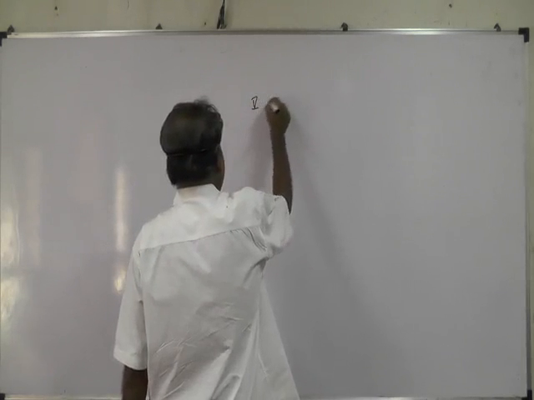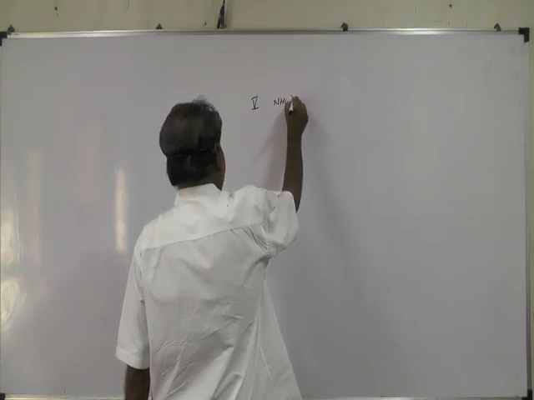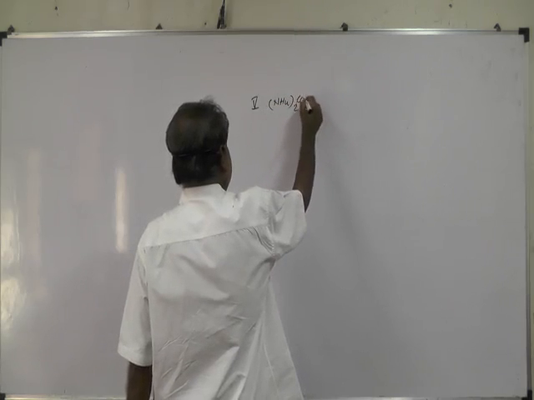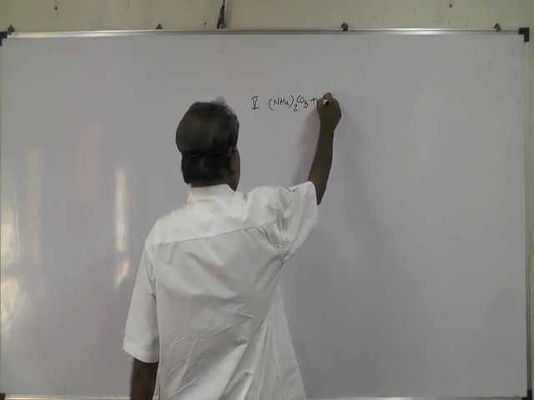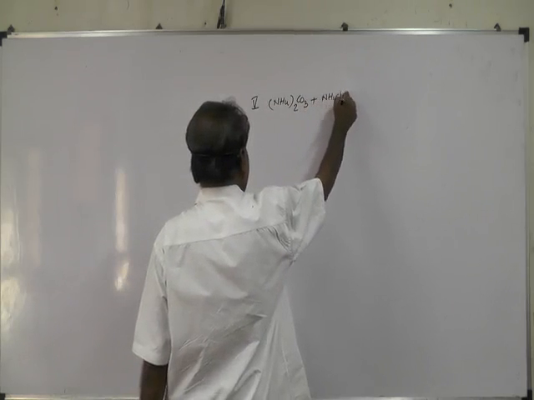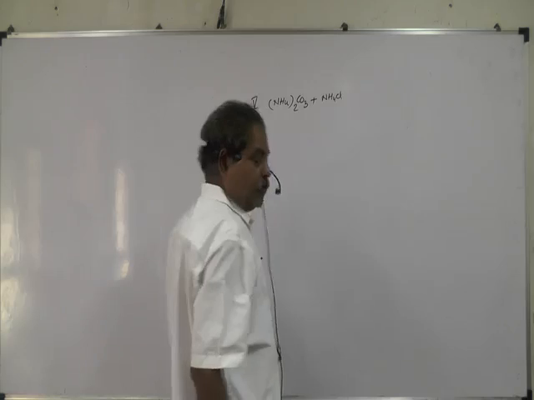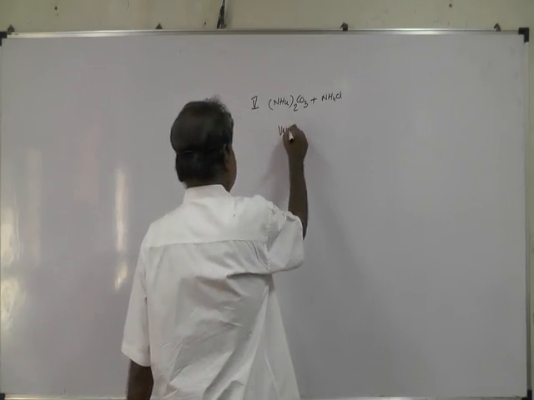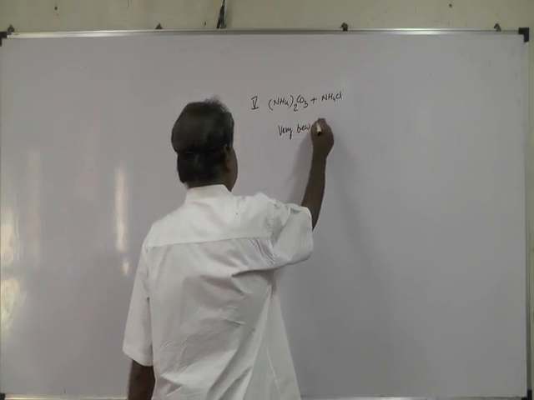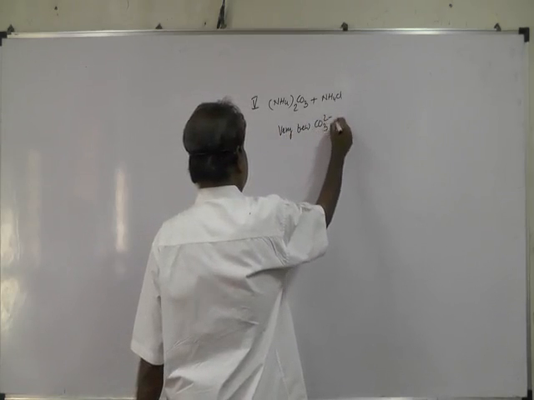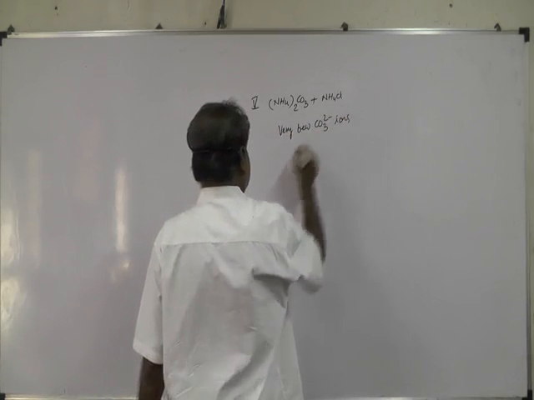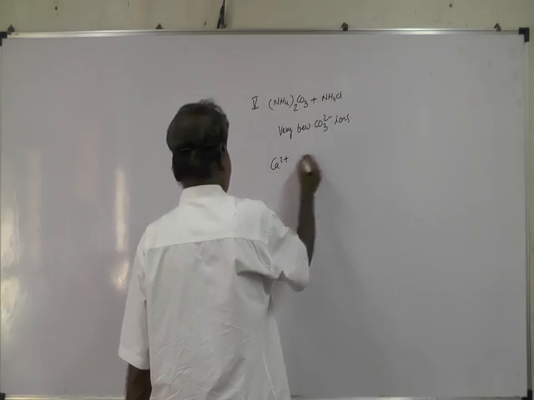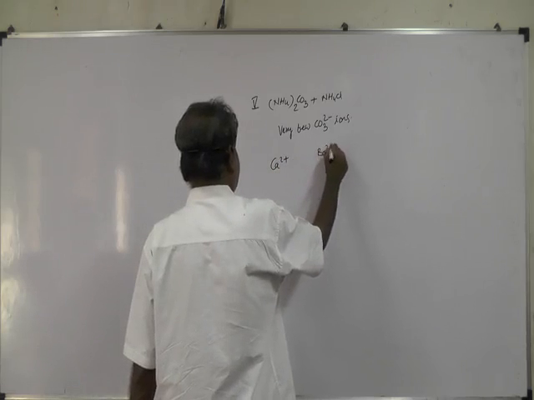Group 5. Ammonium carbonate, ammonium chloride. What does the combination produce? Very few carbonate ions. It's calcium and barium. Group 5.